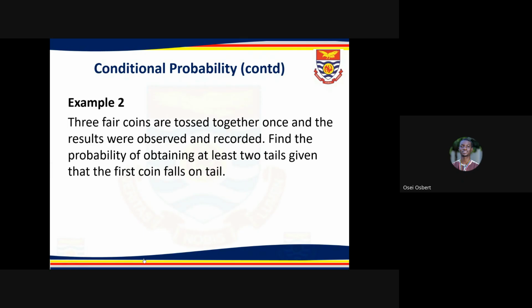Yes, Kwekubuama. Kweku, tell us what you got. If you can even show a picture or something. Is it a final answer or the procedure? You can tell us your final answer. I got 3 on 4.